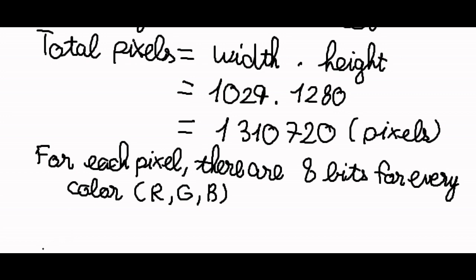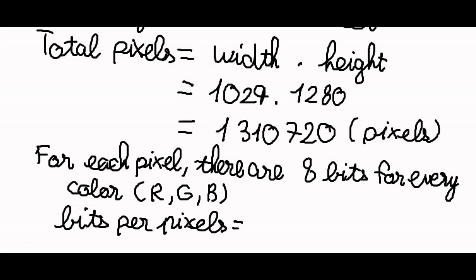And so we can calculate the bits per pixel by multiplying the number of bits by the number of colors it has to display, which is basically: bits per pixel is equal to 8 multiplied by 3, which gives us 24 bits for every pixel.